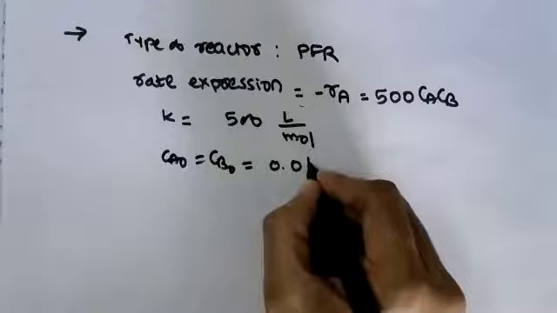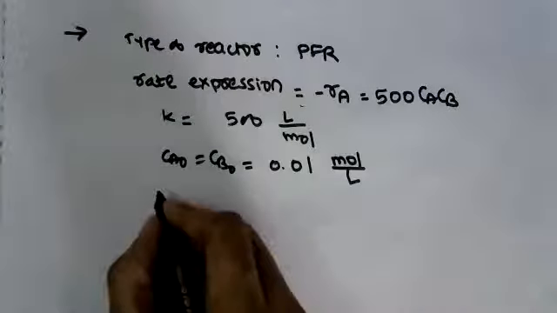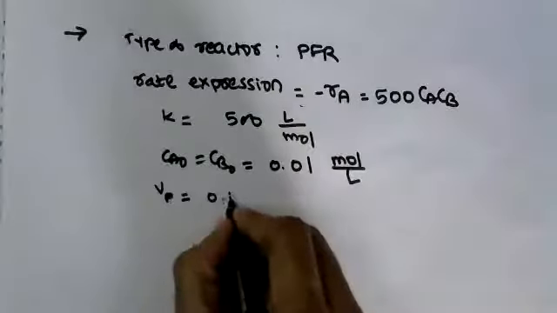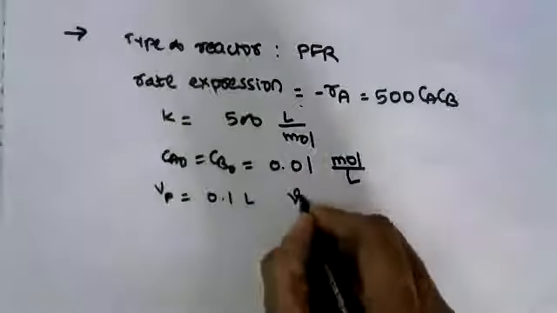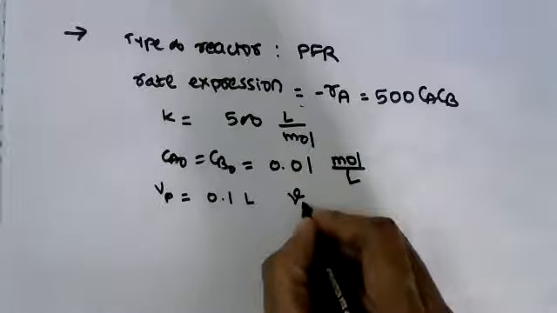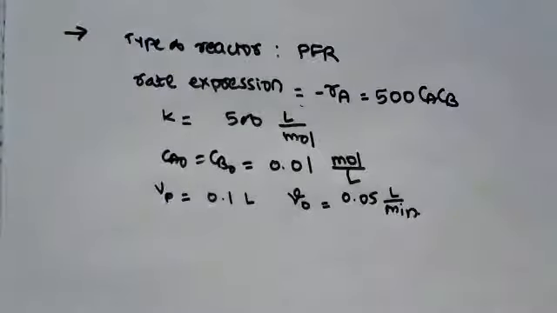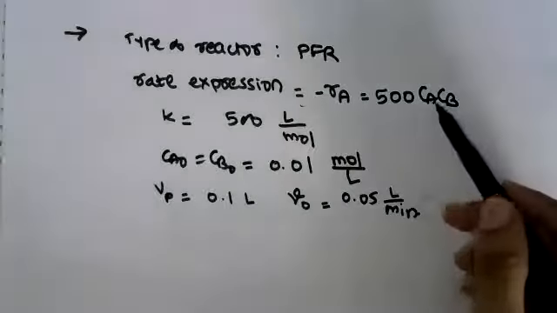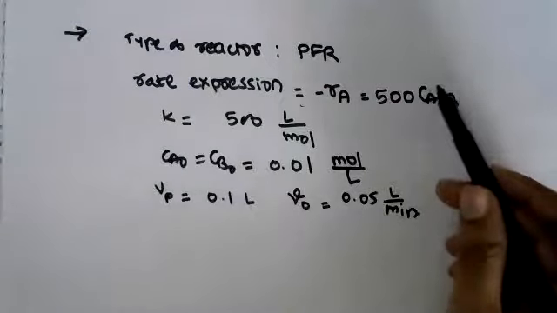Now it is also given that the volume of the plug flow reactor is equal to 0.1 liter and volumetric flow rate is equal to 0.05 liter per minute. Now if you look at this data, it clearly indicates that the reaction is second order.